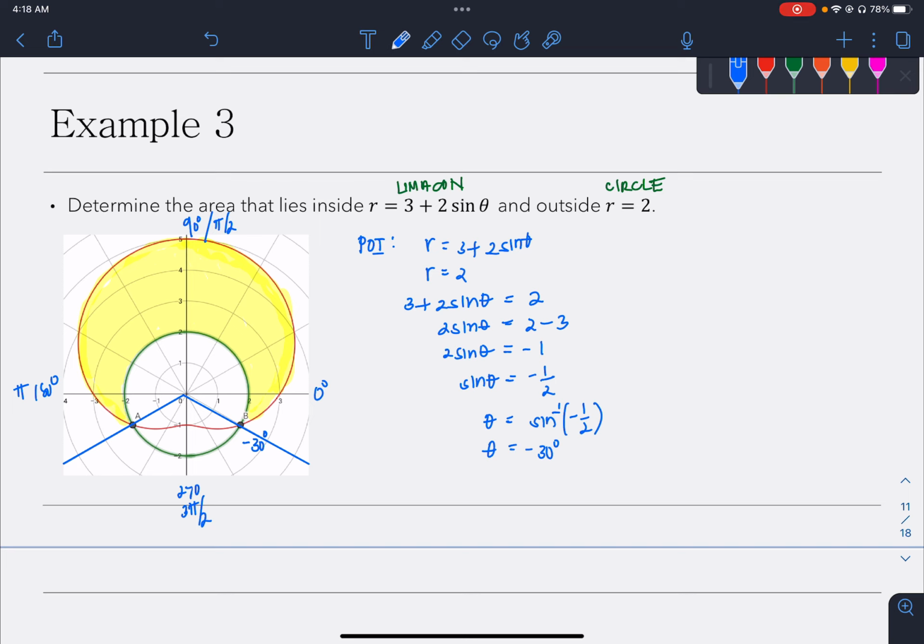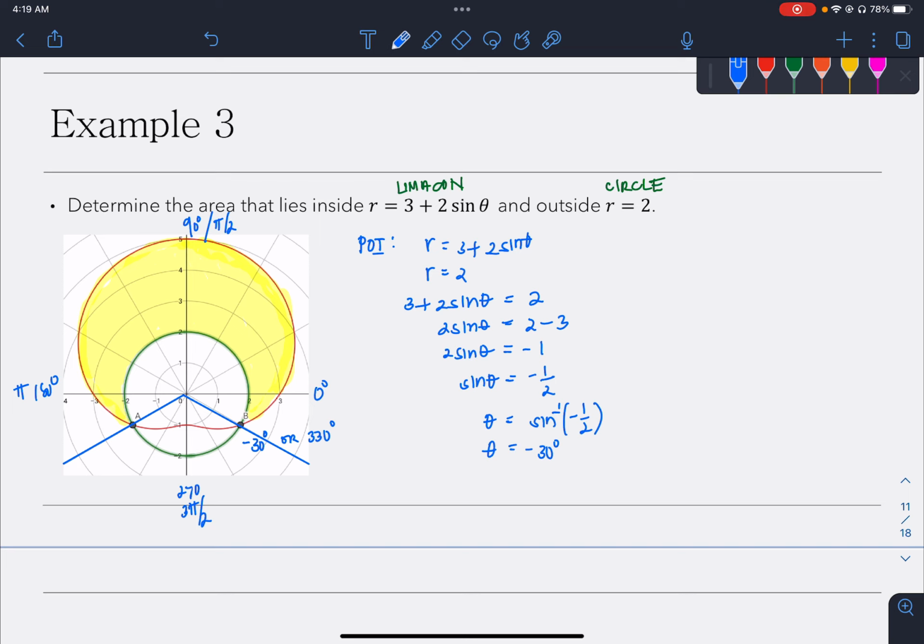Negative 30 degrees, if we want it in terms of a positive angle, would just be 360 minus 30. So negative 30 is the same as 330 degrees positive.